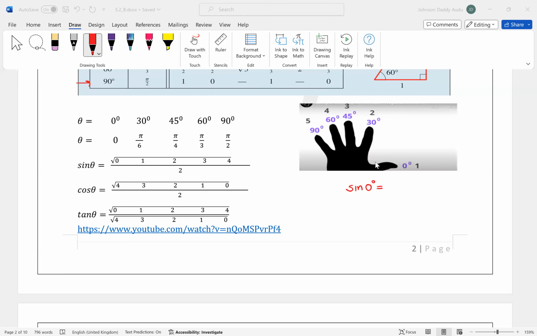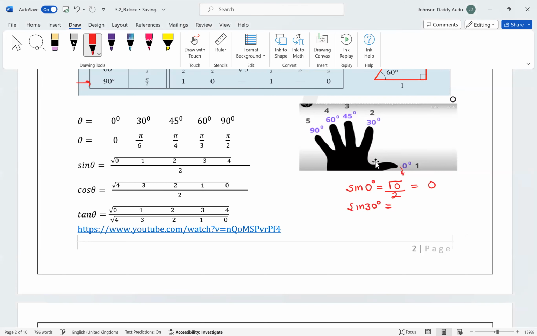All right, so for example, if we want to find sine 0 using the fingers, all we need to do is calculate how many fingers we have to the right. In this case, we don't have any fingers there, so it's just 0. So we take root of 0, then we divide by what? By 2, and this is just going to be 0 over 2, which is 0. If you want to find sine 30, this is just a demonstration.